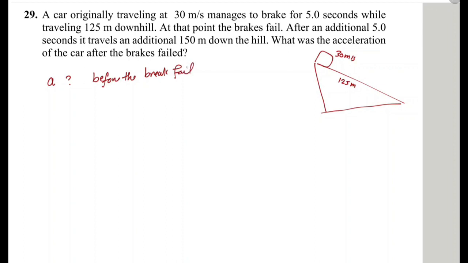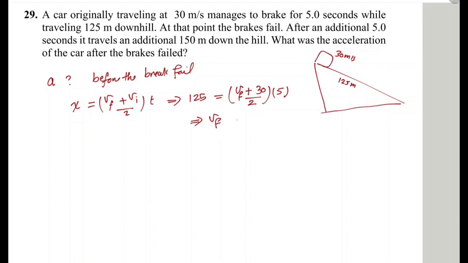Now x equals the final plus the initial over 2 times t. For the first part, 125 equals v plus 30, where v is the final velocity, over 2 times 5, and in this case v final for the first part equals 20 meters per second.